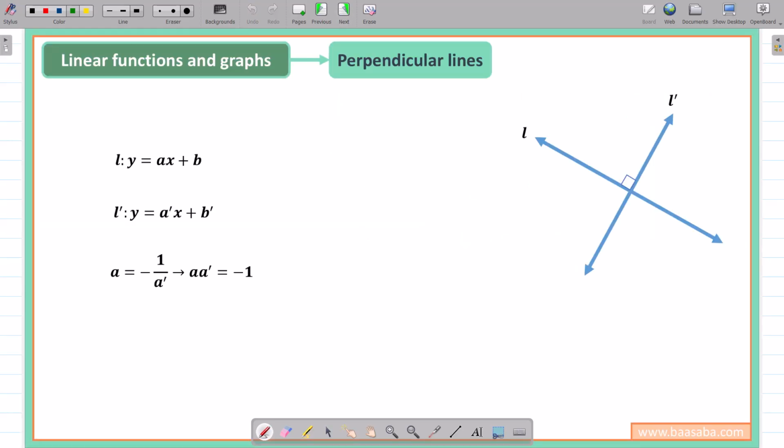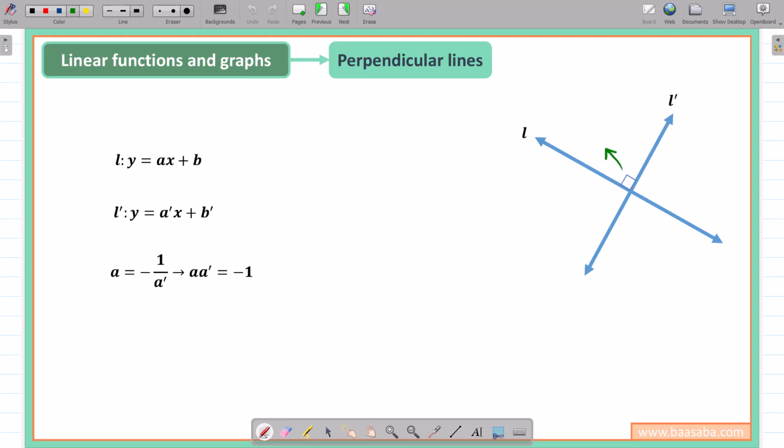Now we're going to learn about perpendicular lines. In contrast to parallel lines, in this case we cannot immediately say if two lines are perpendicular by their equations. We have to do some calculations, but in their graphs, the square symbol here means that they are perpendicular.